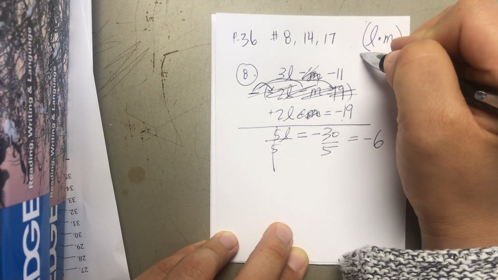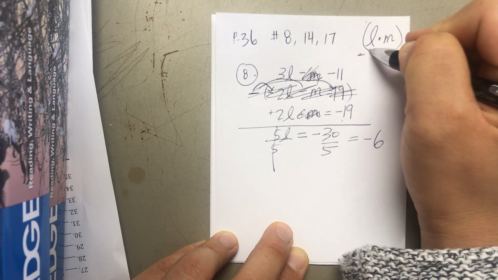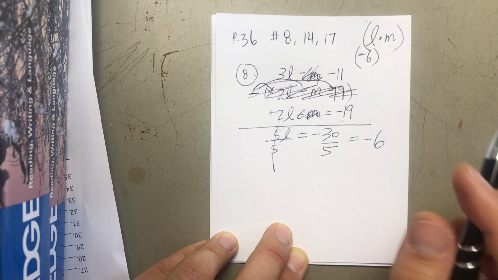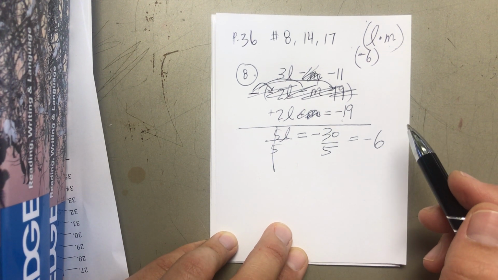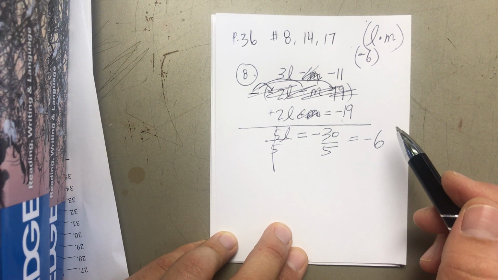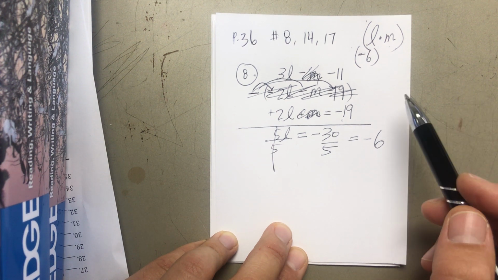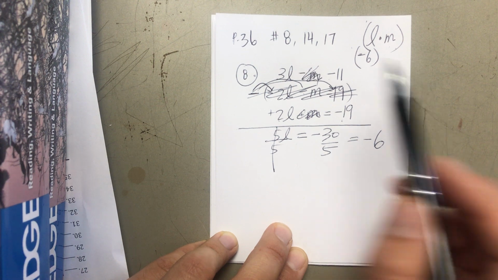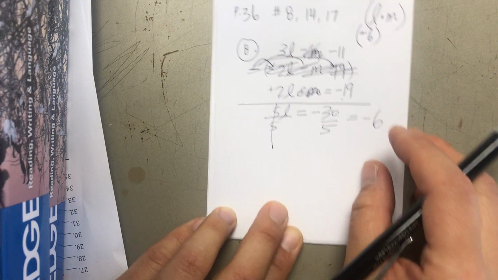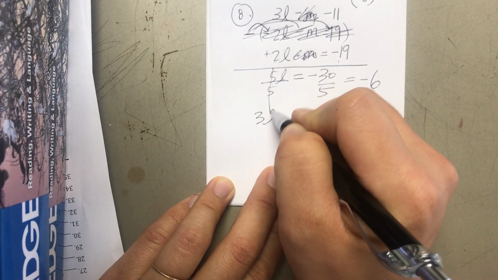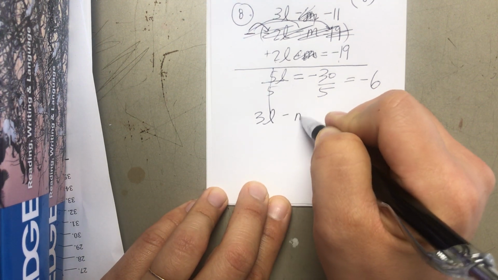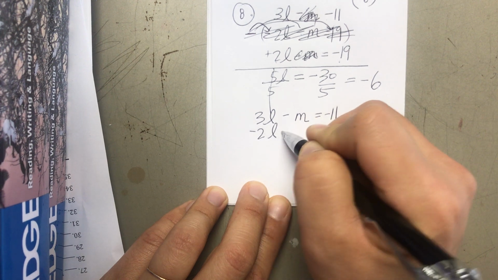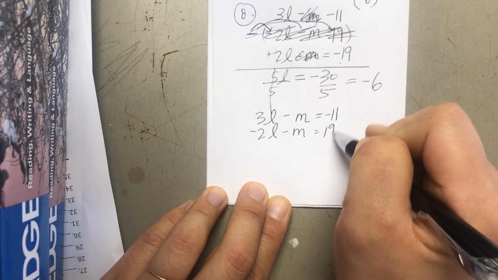So we already have negative 6 right here. In order to solve for M, I'm going to rewrite all of this: 3L minus M equals negative 11, and negative 2L minus M equals 19.